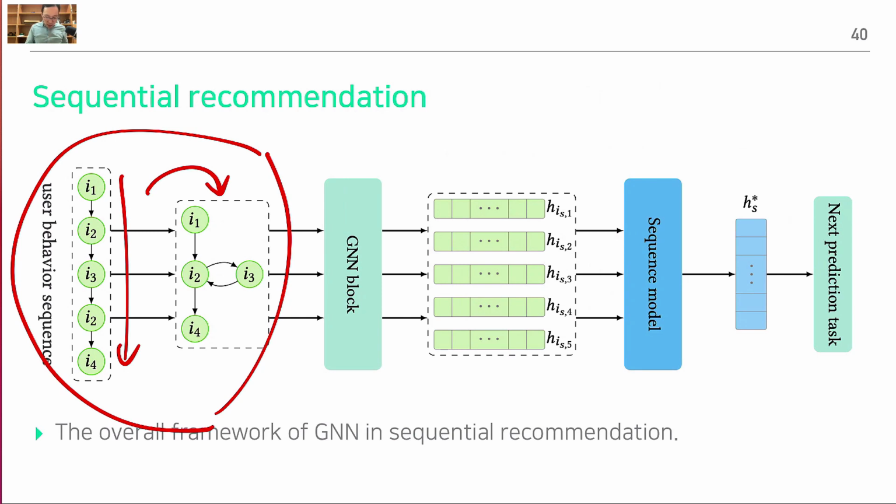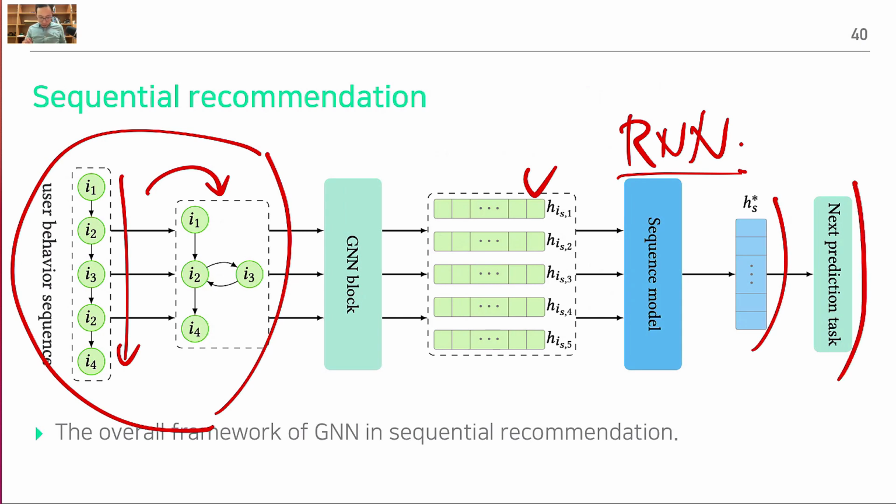Now we have the node-wise representation, the node-wise vector, and we can run a sequence model. For example, we can learn an RNN, right, find the sequence representation and predict something. So it depends on your prediction task.